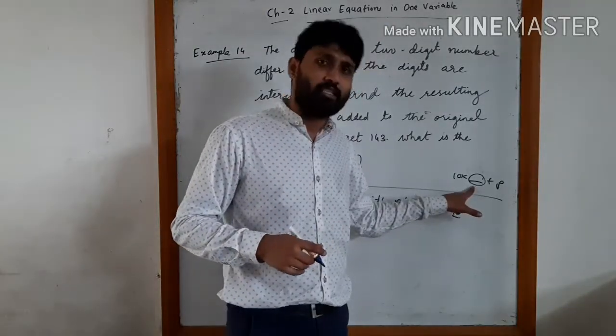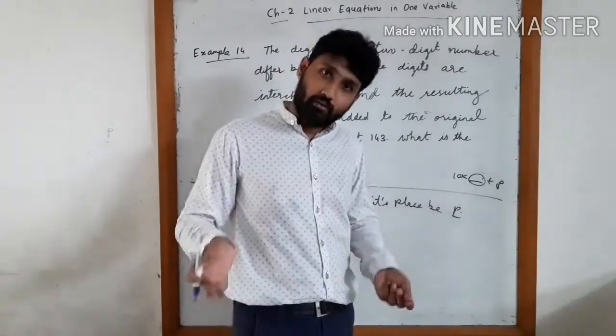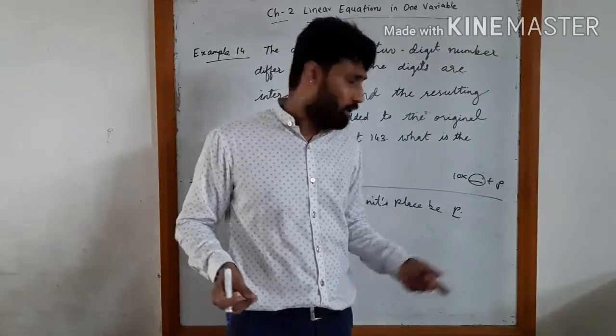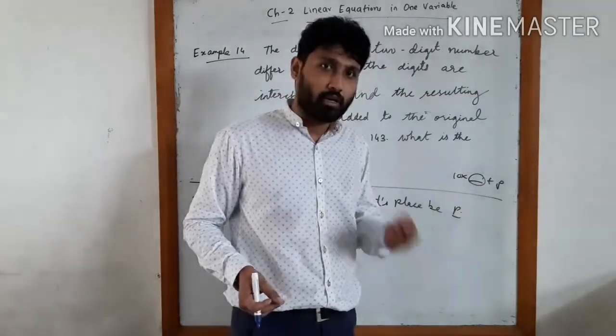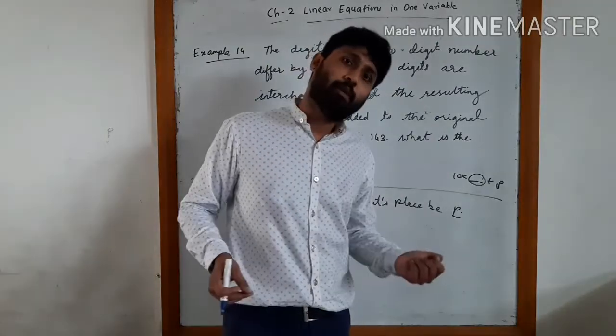You can take this as P plus 3, even then your answer will be correct. You can take this as P minus 3, even then your answer will be correct. Let's take the difference as P minus 3.